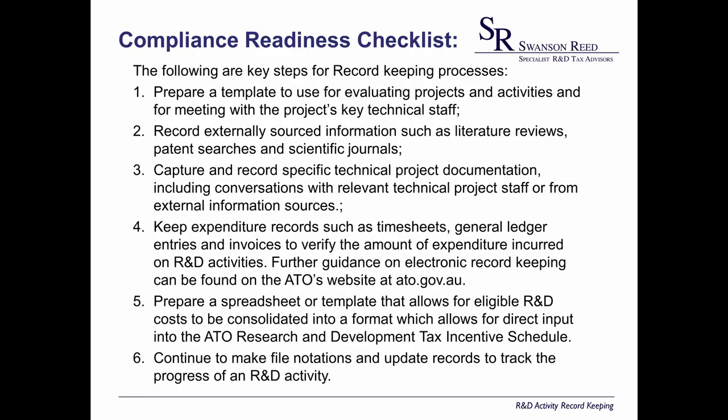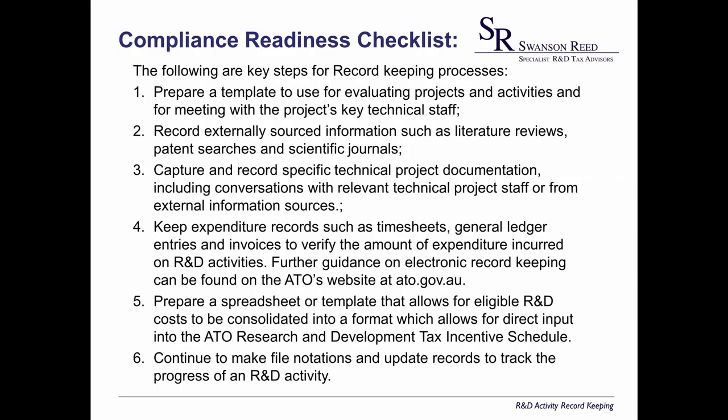Capture and record specific technical project documentation, including conversations with relevant technical project staff or from external information sources. Keep expenditure records to verify the amount of expenditure incurred on R&D activities. Further guidance on electronic record keeping can be found on the ATO's website at ato.gov.au.